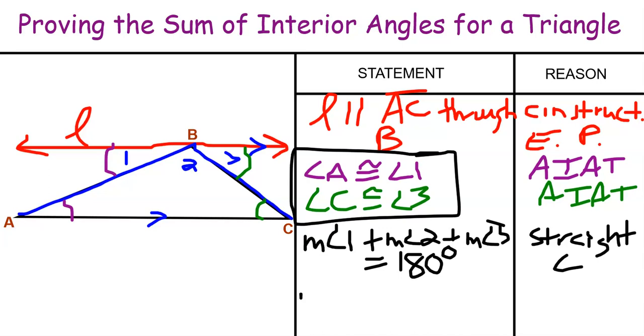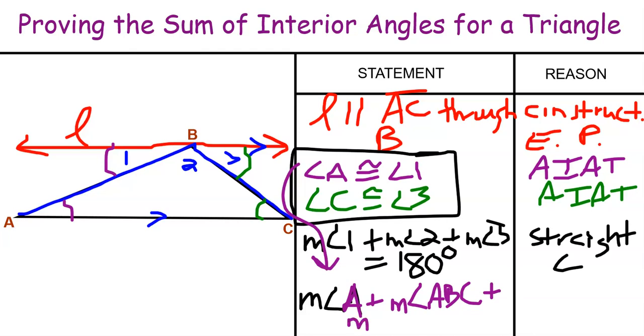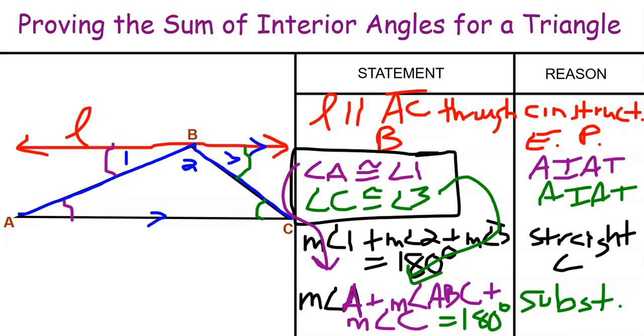So what that tells us is that by substitution, the measure of angle A, make that purple there because it's that congruence that tells us, plus the measure of angle 2, which is the measure of angle ABC, plus the measure of angle C, which is because of this green congruence, that we can change out angle 3 for angle C, are all equal to 180, and that is by substitution, because we can substitute in for congruent values.